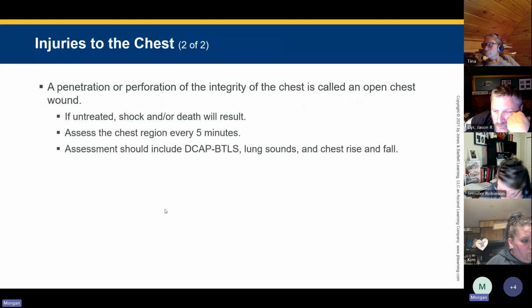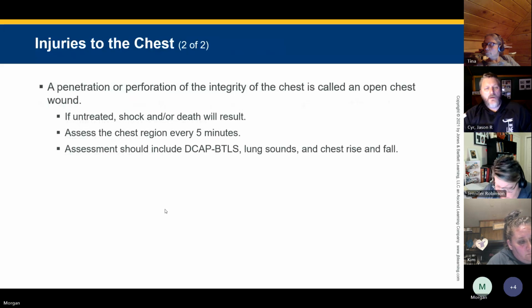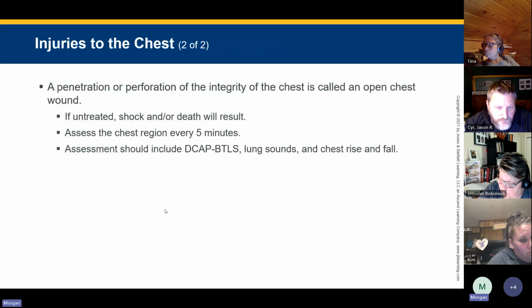A penetrating injury or impairment of the integrity of the chest wall is called an open chest. You treat that with an occlusive dressing, which the state mandates we carry. You put a three-way pad or wrapper over it so air can't get in.